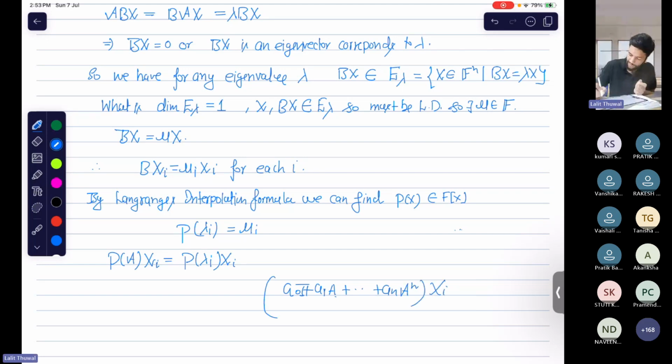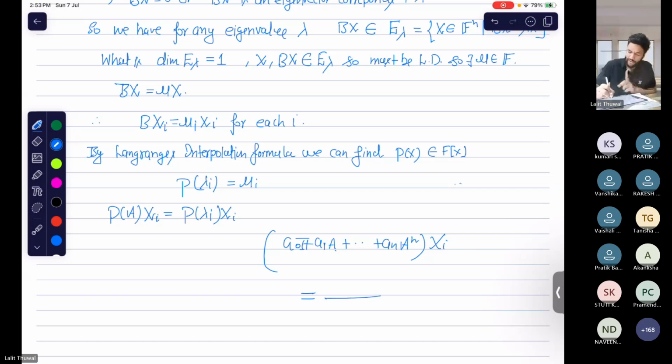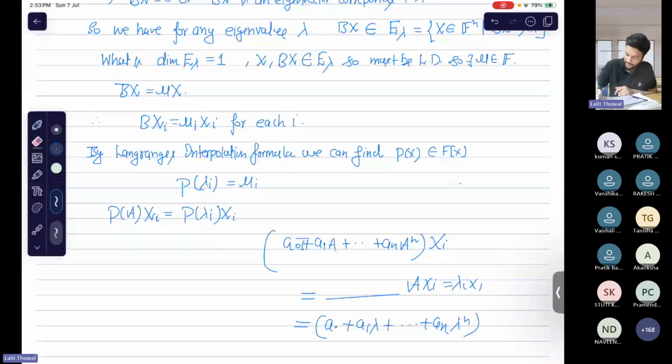If you multiply it by xi and use A xi = lambda i xi, you get a0 + a1 lambda + ... + an lambda^n times xi. That's not difficult, you can do that.